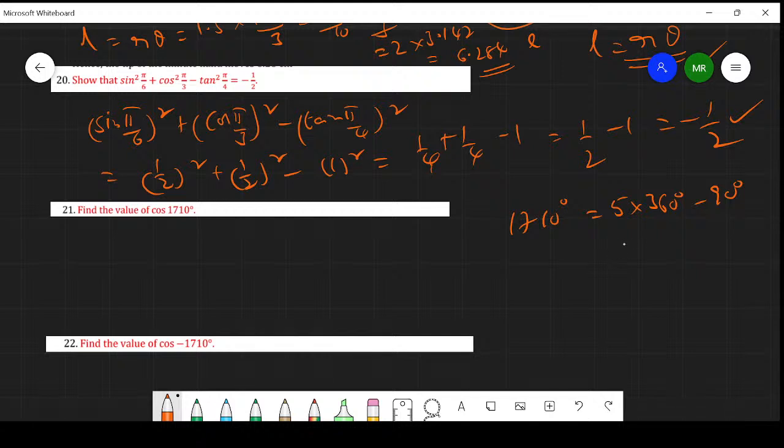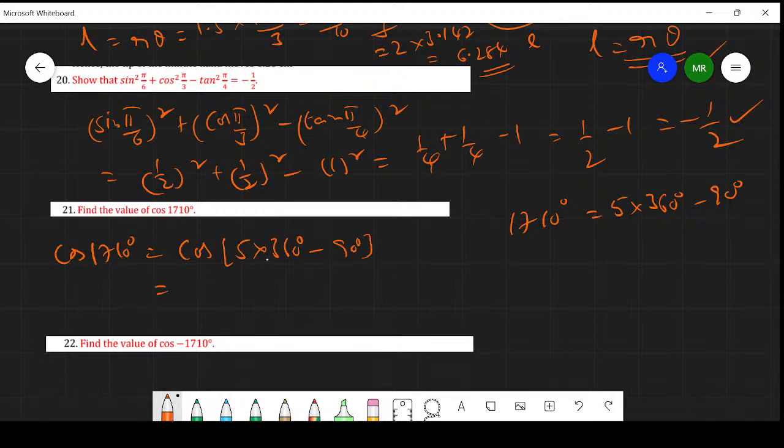So I can write cos 1710 degrees equal to cos of 5 into 360 degrees minus 90 degrees.